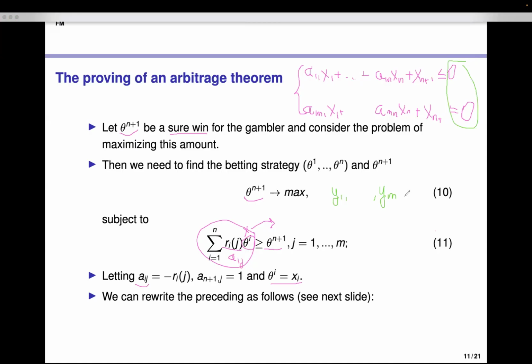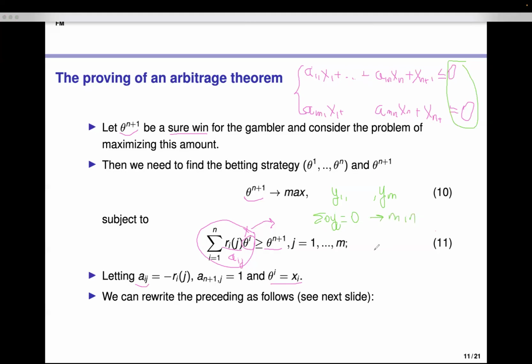It is like a scalar product, an inner product, and it will be 0. Okay, so it's easy.